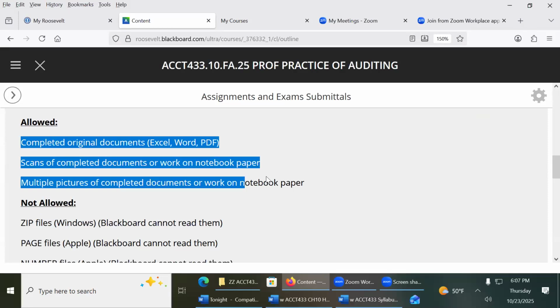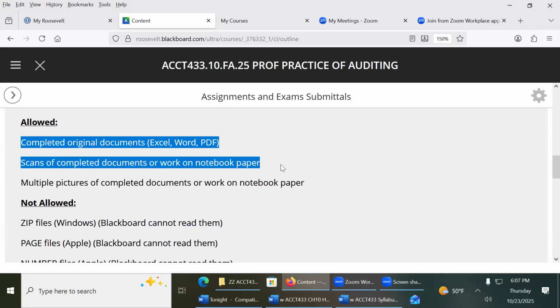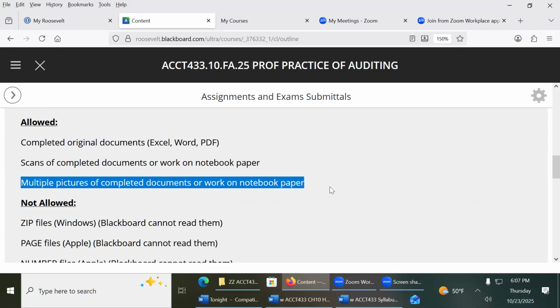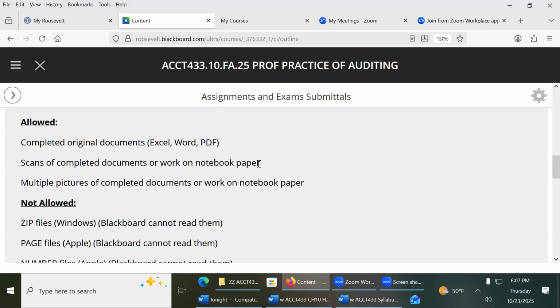Allowed: anything PDF you can put in. Scans of completed documents or work on notebook paper, that's fine. Pictures, multiple pictures. If you work in a notebook and want to take pictures of it, you get 10 pictures, you can put all of them in.